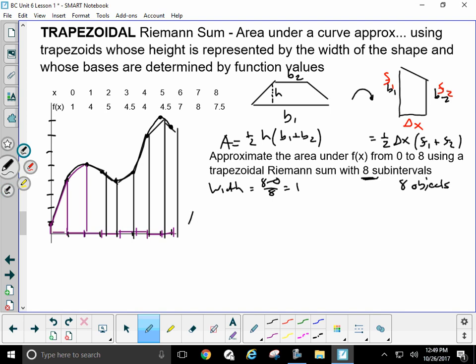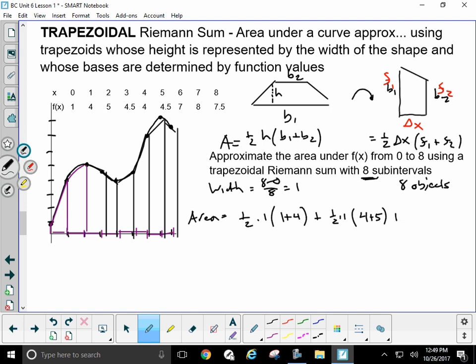Okay, so the area. Well, this first one would be a 1/2. My width is 1. My heights are 1 and 4. It's the two heights from 0 to 1. Plus my second one, 1/2, width is 1, that's the height. F1 plus F2 becomes like F2 plus F3, that's 4 plus 5.